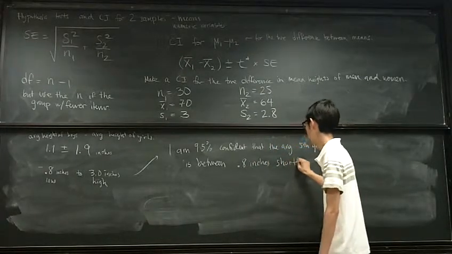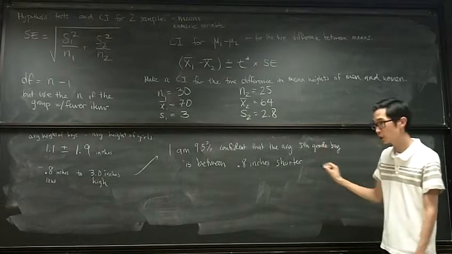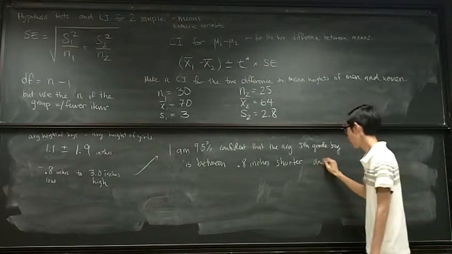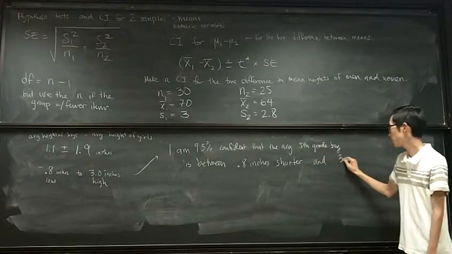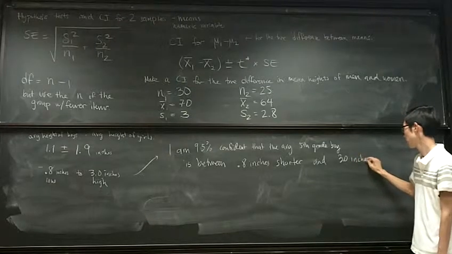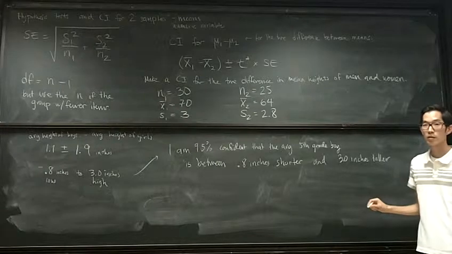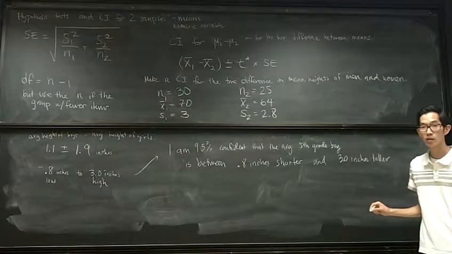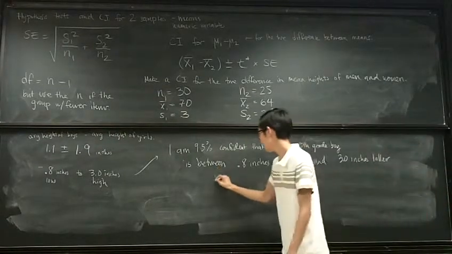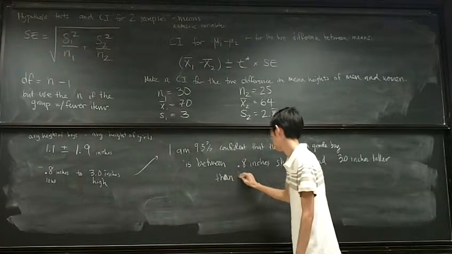Shorter. Okay, it's between 0.8 inches shorter and 3.0 inches taller than the height of the average 5th grade girl.